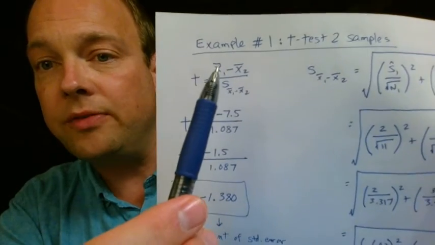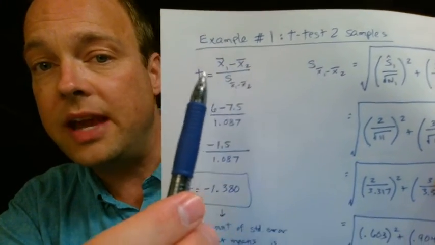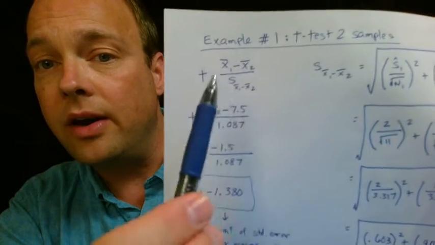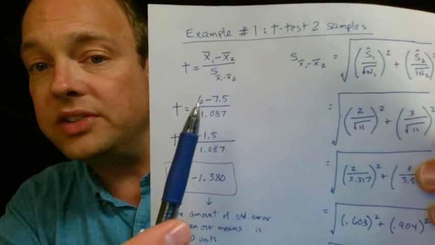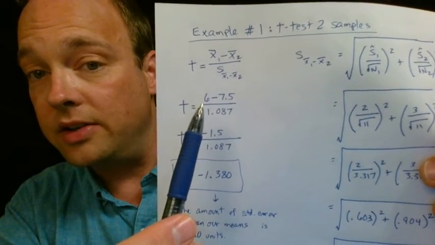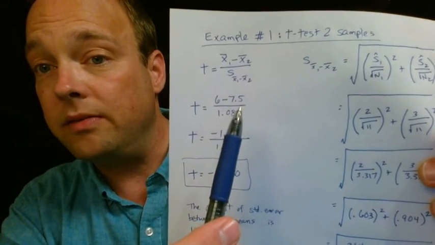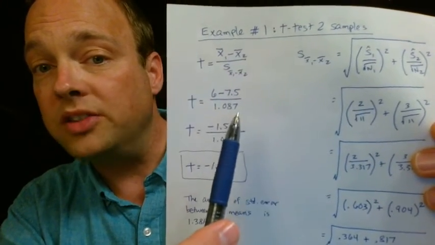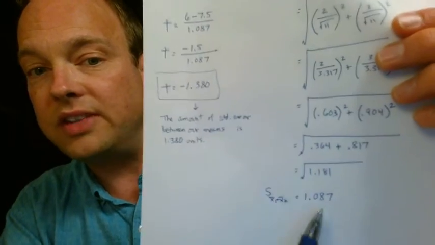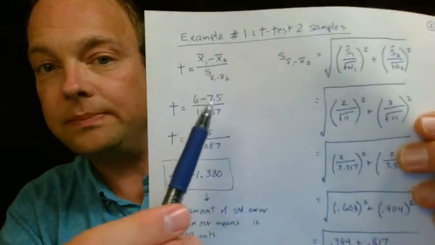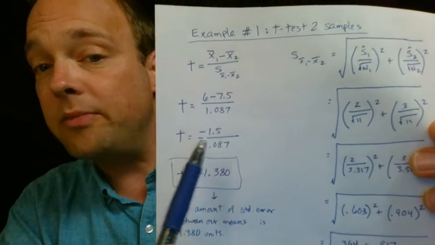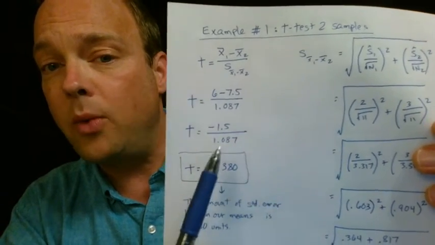T equals mean for first sample minus mean for second sample divided by the standard error of the difference. T equals 6, that's our mean for our dogs, minus 7.5, that's our mean for cats, divided by 1.087, the standard error of the difference. That's where that came from, 1.087. 6 minus 7.5 is negative 1.5 divided by 1.087.